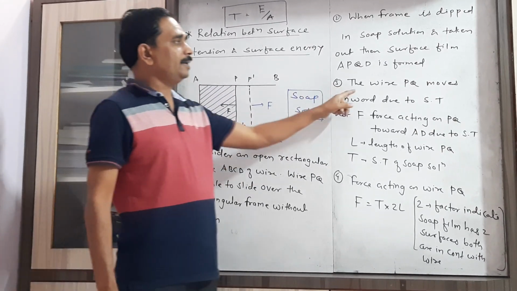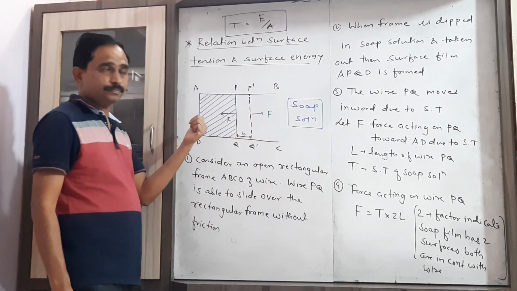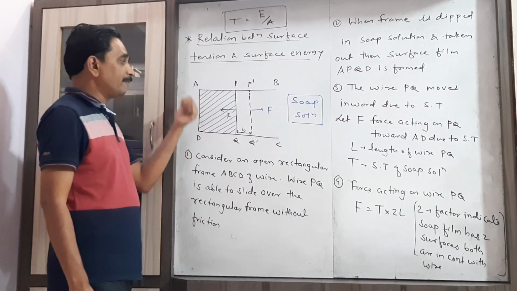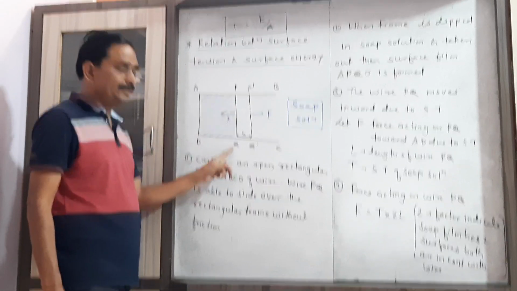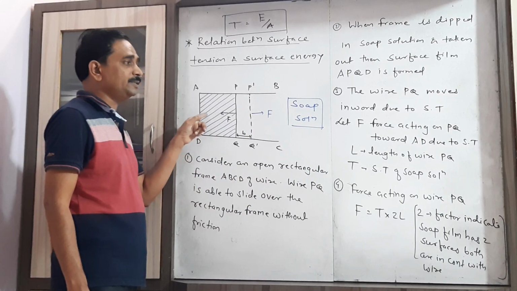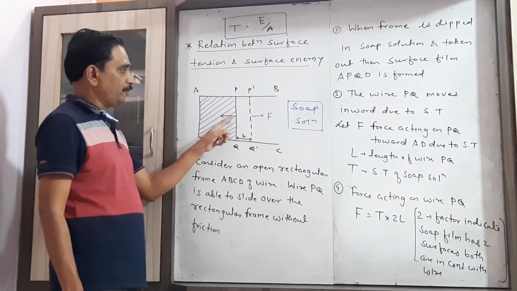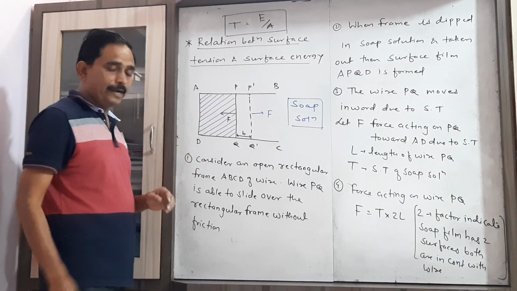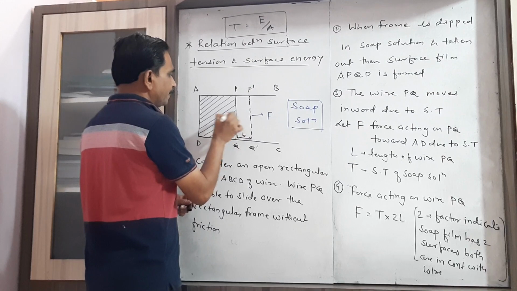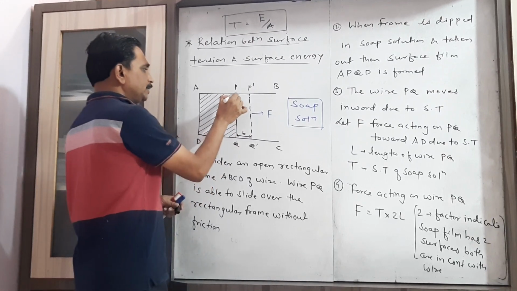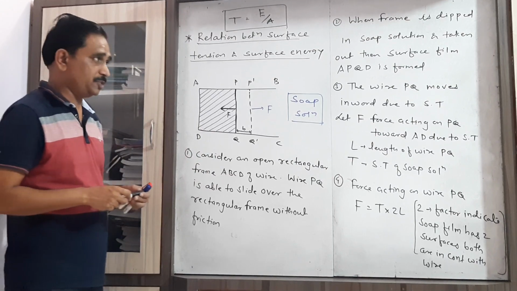So the wire PQ moves inward because of the force exerted on the side PQ due to surface tension. I draw here the direction of force, that is toward the AD. So this is the force which acts on this side PQ because of the surface tension.